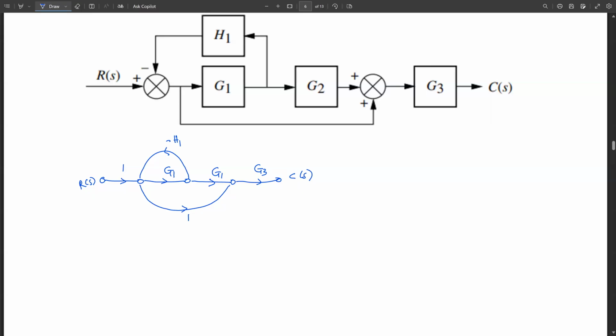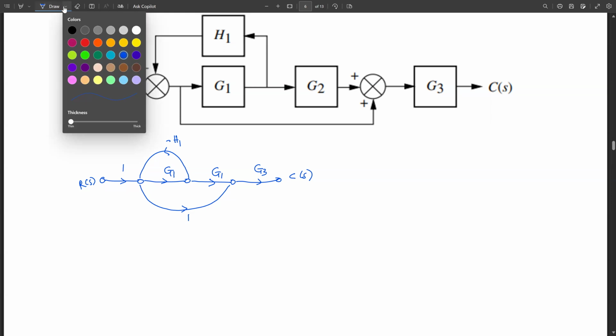So the first step when you're trying to reduce a signal flow graph is to identify your forward paths. We said the forward path is simply the path that links the input to the output. From this diagram, I can see that there are numerous forward paths. The first one moves from this side and traces this to that side.